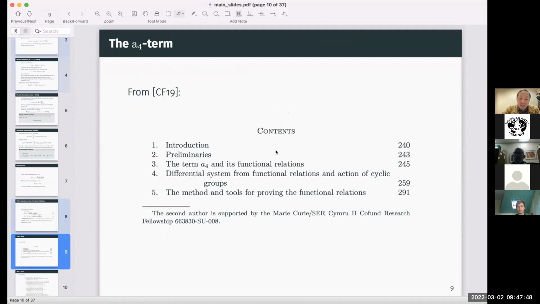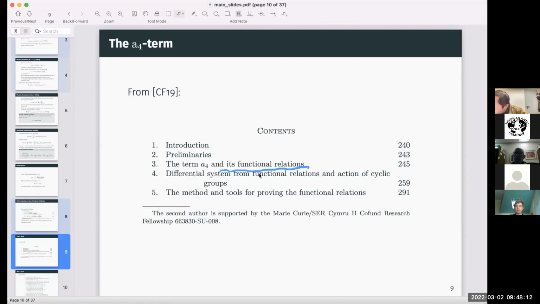So here is the table of contents of their paper. Something I want to highlight: still, for the A2 term, we can reproduce something similar. These functional relations still exist from this variational computation.